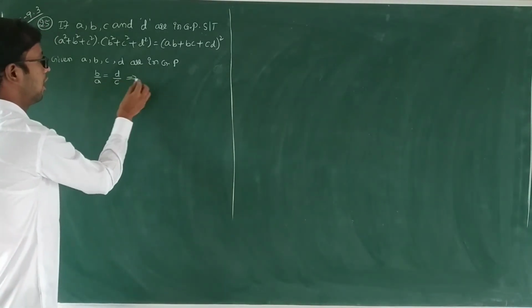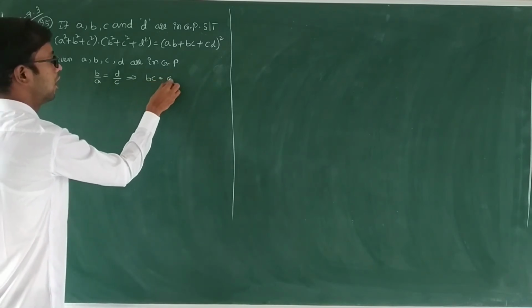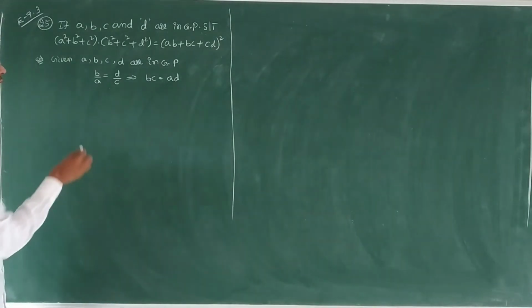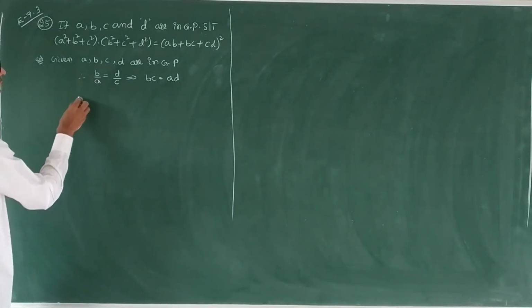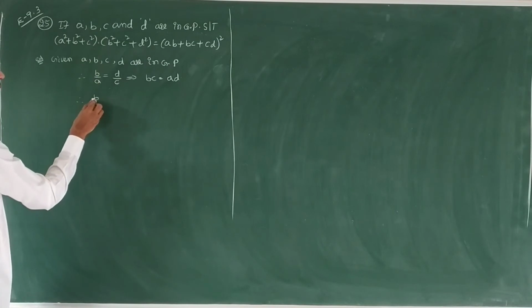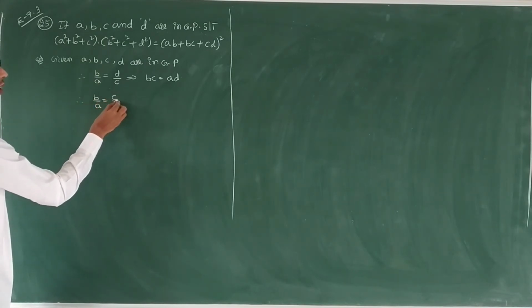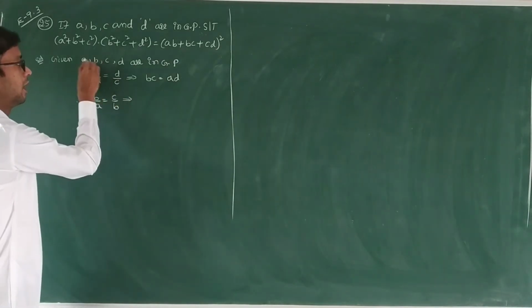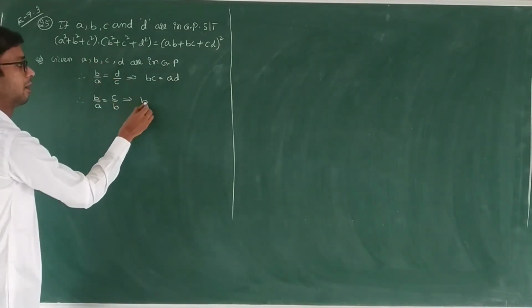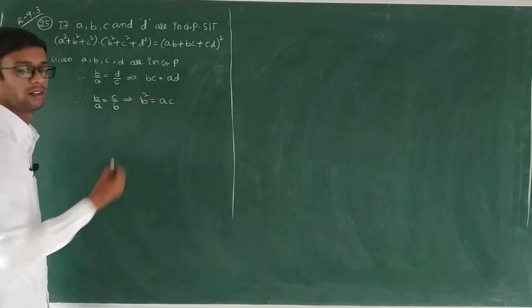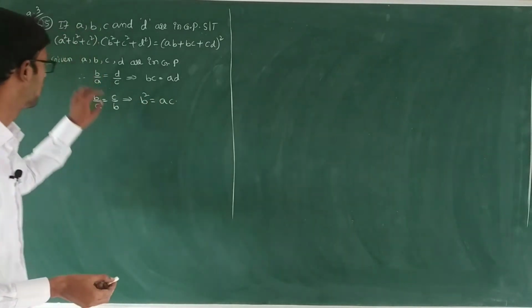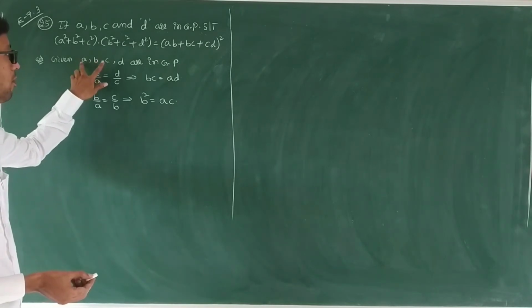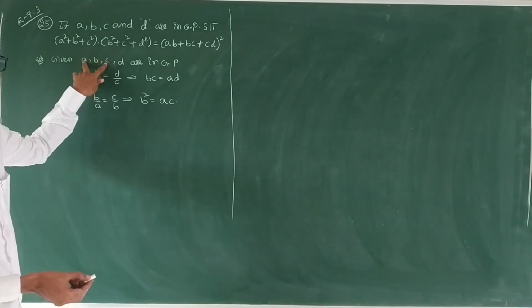Cross multiplying, we make bc equal to ad. And one more I will make: b by a is equal to c by b. Why? Because the common ratio is the same. So b by a, c by b. Cross multiply: b square is equal to ac. Otherwise there is also a direct property: the square of the middle term is equal to the product of the first term and the third term.